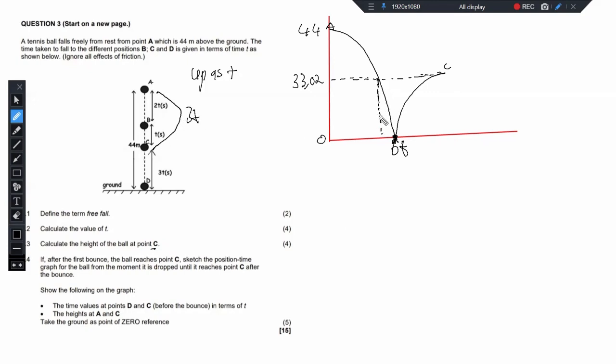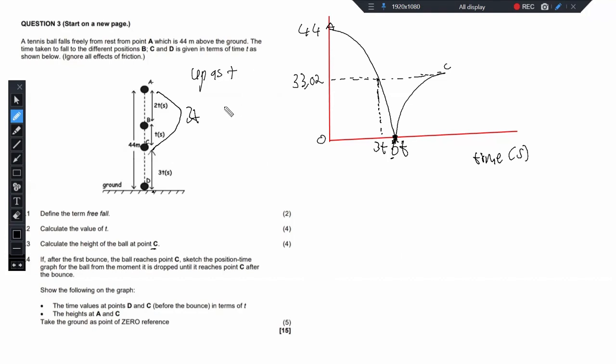So the time taken to reach this point as it goes down here and then reaches point C at this point on its way down is 3t, right, as indicated by this. And now the time it takes for it to hit the ground at point D is 6t. And then we must indicate this is time in seconds.